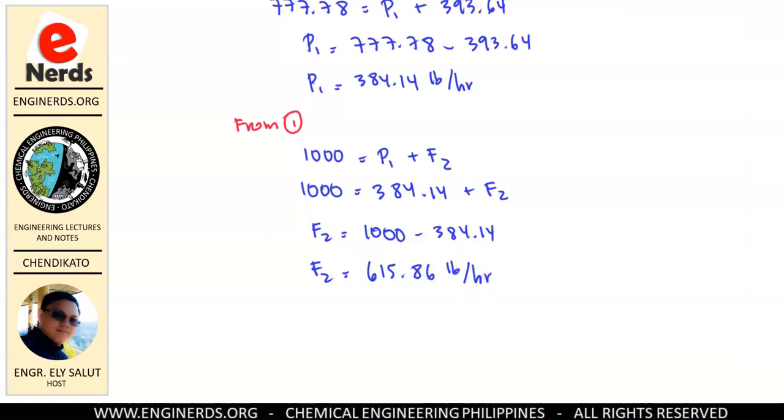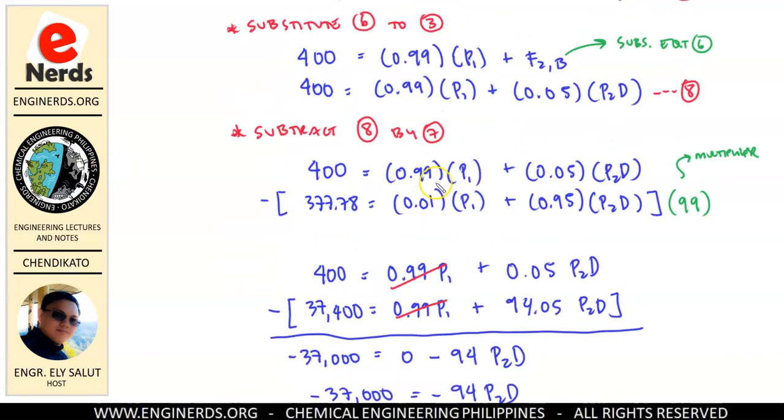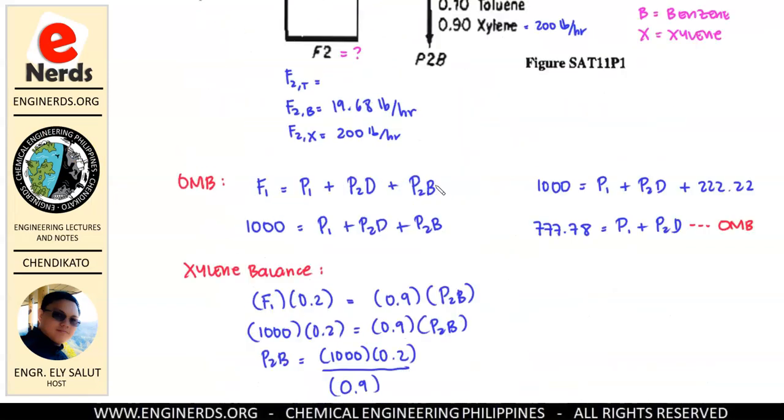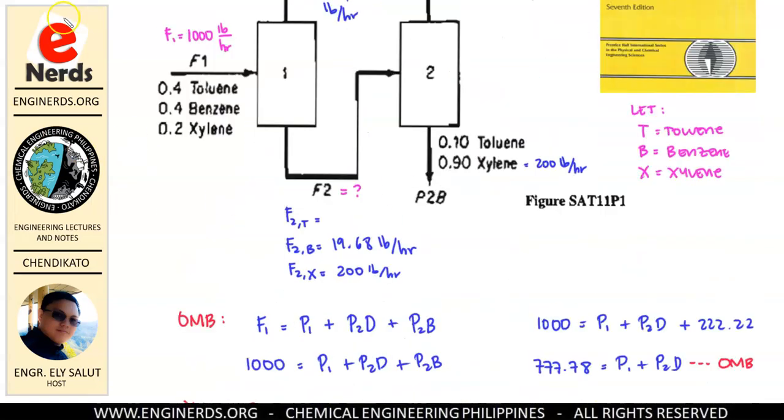So isa to sa hinahanap natin, ano? So we already solved the value of F2, which is 615.86. Okay? So 615.86. Let me delete this. 615.86. Okay. This is in pounds per hour.